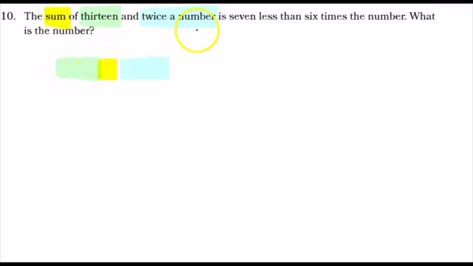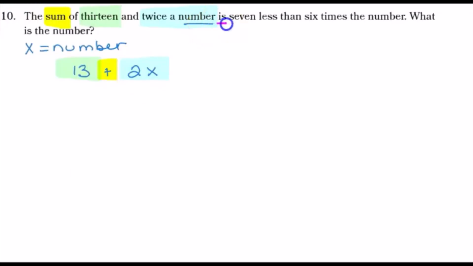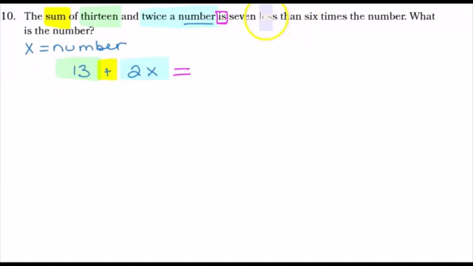So the first thing we want to do is define our variable. Let x equal a number. Then the sum of 13 and twice the number. The verb is always your equal sign. Is 7 less than. The less than confuses people.